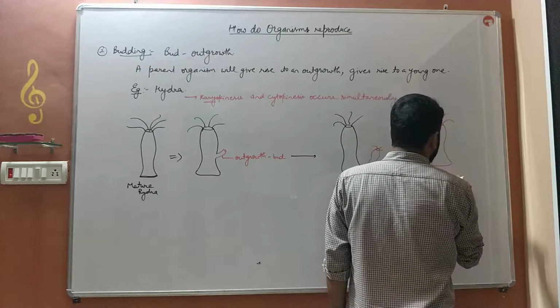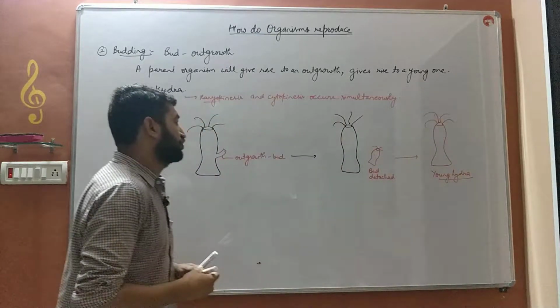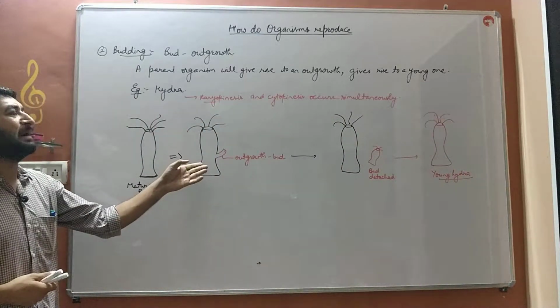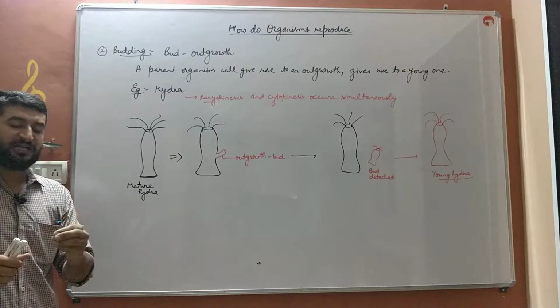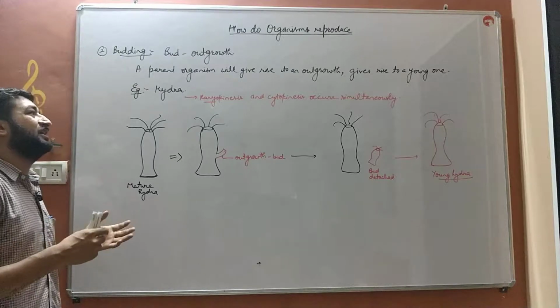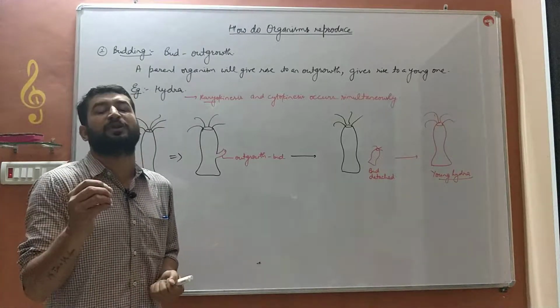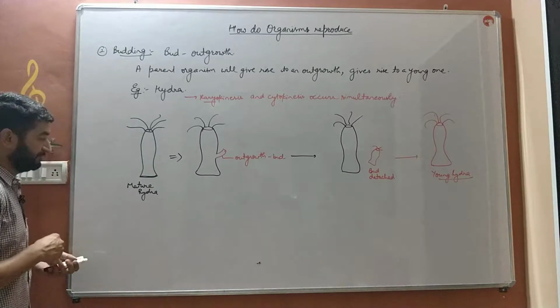So a young hydra is produced by a method named budding. The asexual mode of reproduction in which an outgrowth gives rise to a young one from a single parent is known as budding.